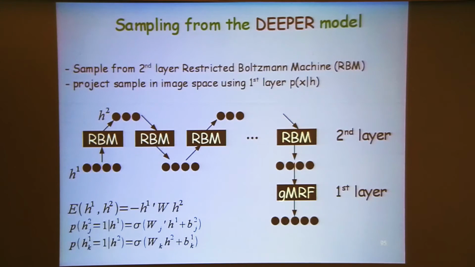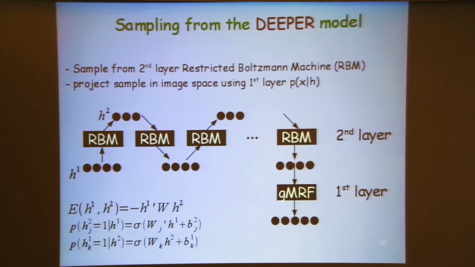And in the experiments that I did, I simply used binary RBMs, so the simplest possible probabilistic model. You are very familiar with RBMs, I assume. That's the energy function of an RBM, and these are the conditional distributions that you need to use to sample from it.